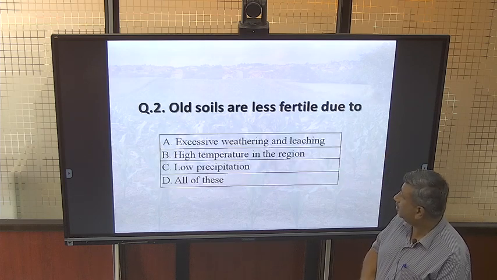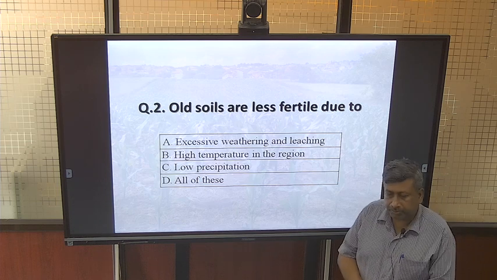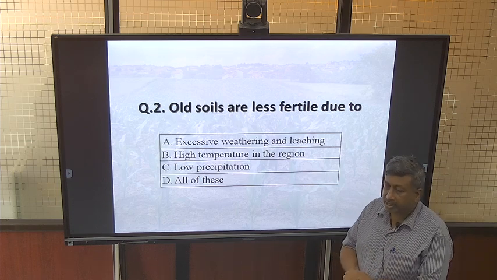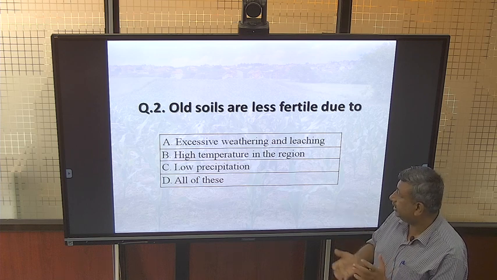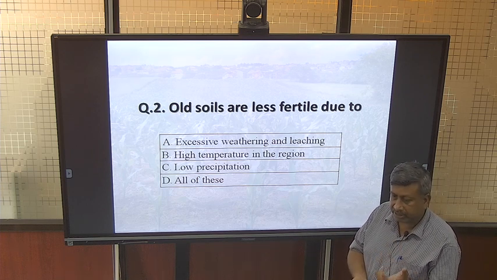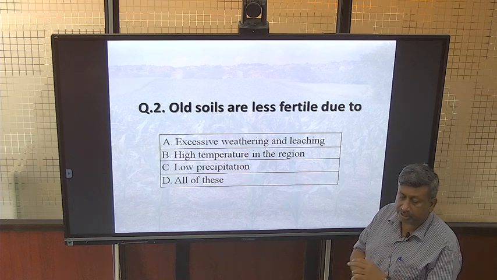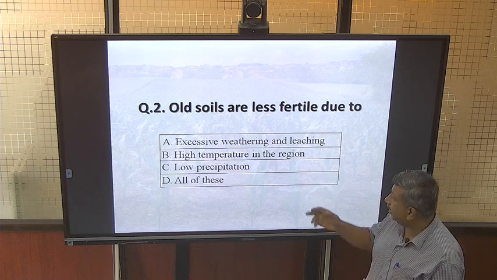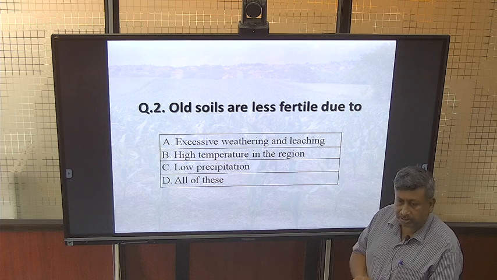Next question: old soils are less fertile due to. Old soils are actually subjected to weathering and leaching. It is a very common phenomenon: because of physical, biological and chemical weathering, nutrients are lost. High temperature or low temperature, low precipitation or high precipitation are not always present in old soils.